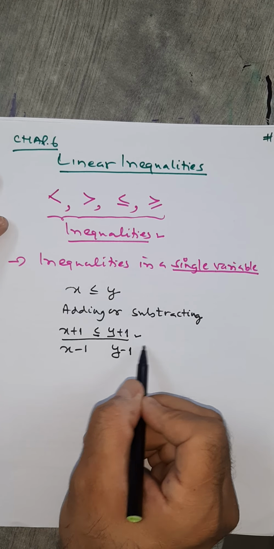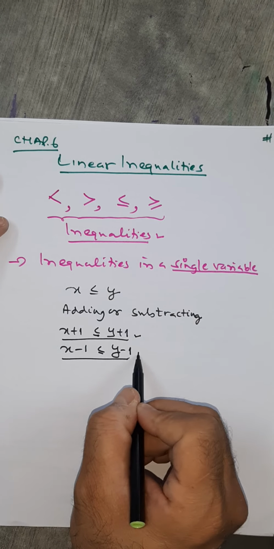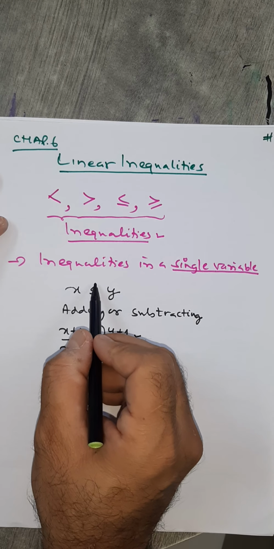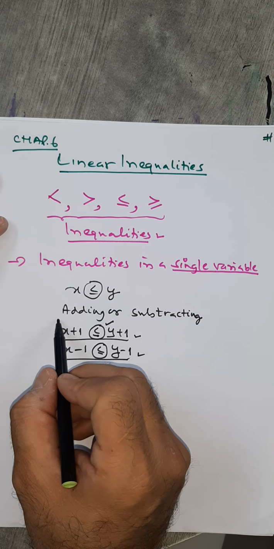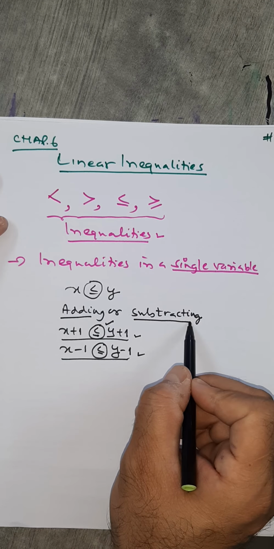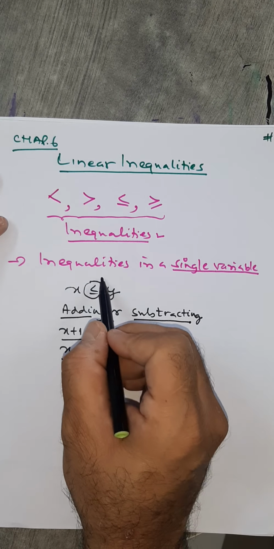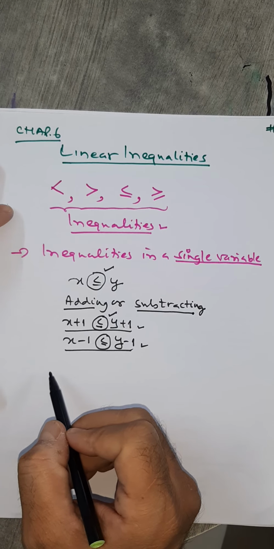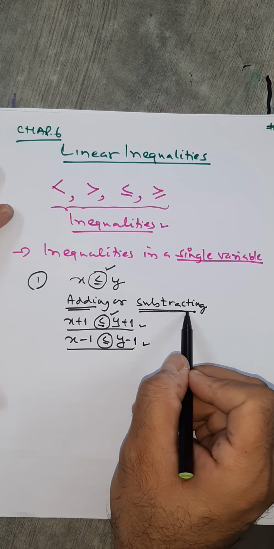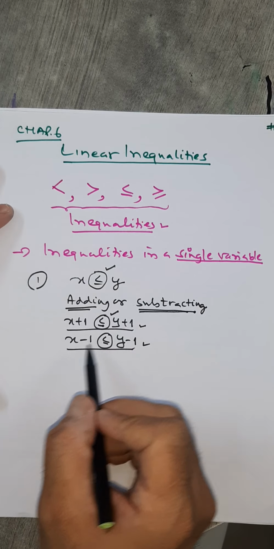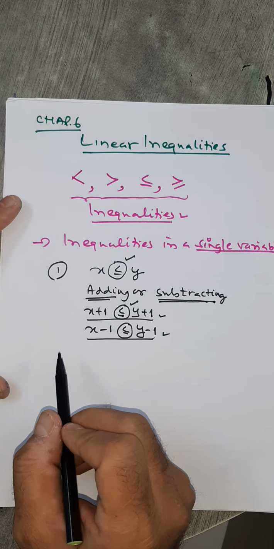Adding 1, subtracting 1 throughout the inequality, the inequality remains the same, less than or equal to. So by adding or subtracting some constant on both sides of an inequality, the inequality remains the same.